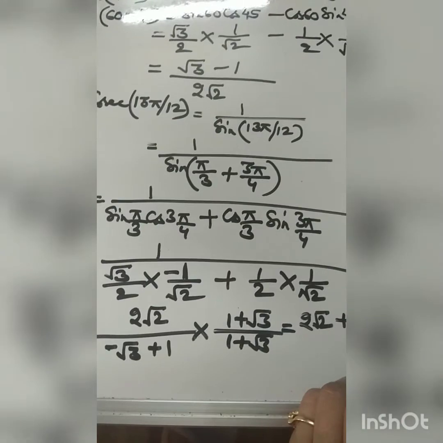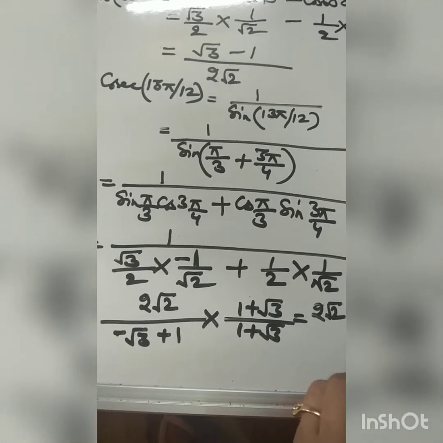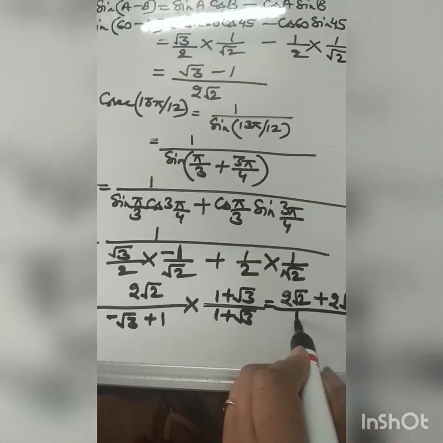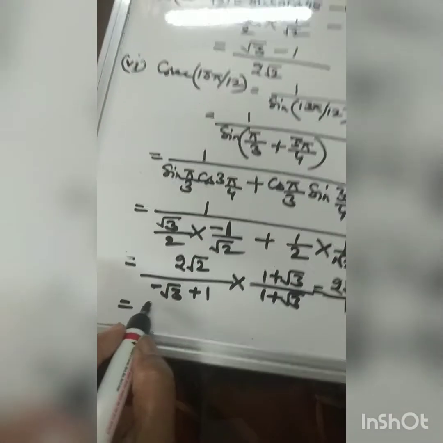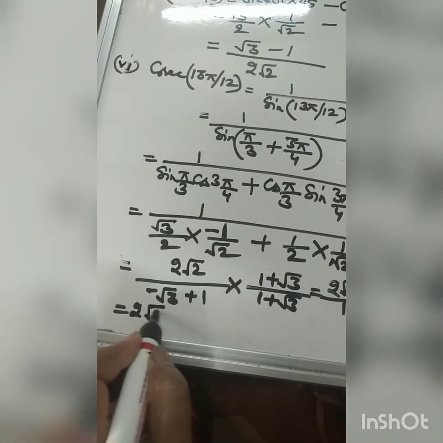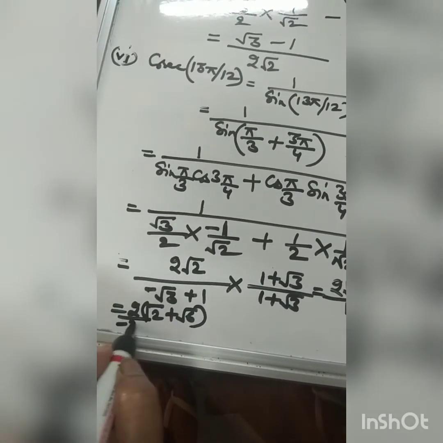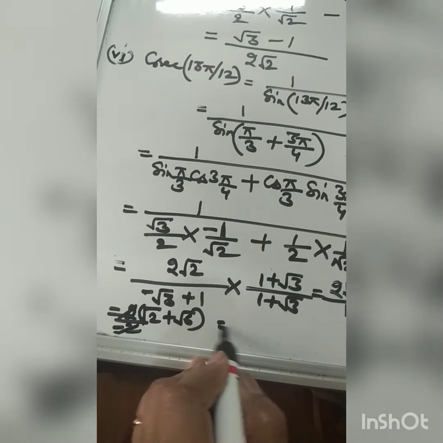2 into root 2 into root 3 will be root 6, upon 1 minus 3. So 2 could be taken common, root 2 plus root 6, and the denominator is minus 2. This gets cancelled.